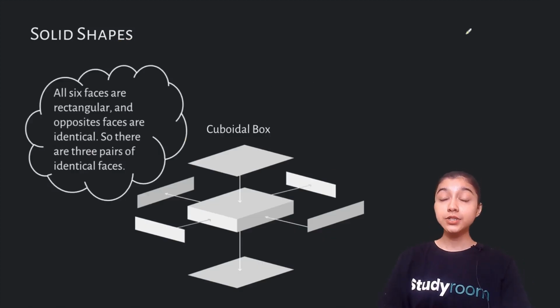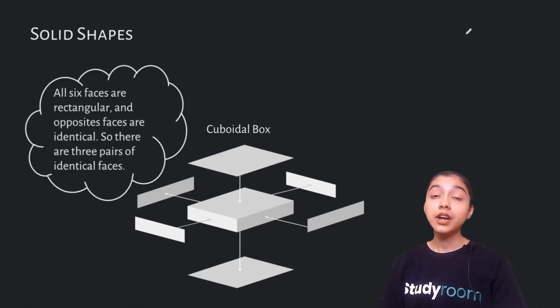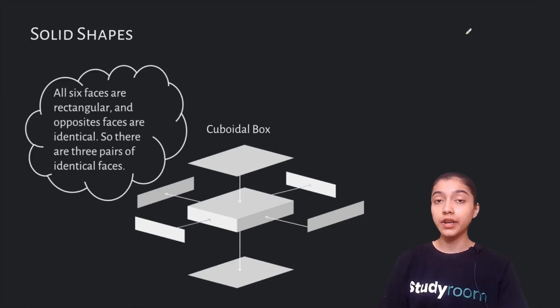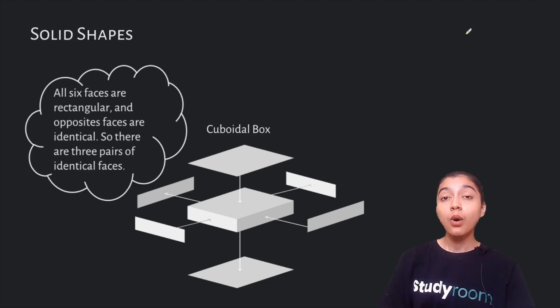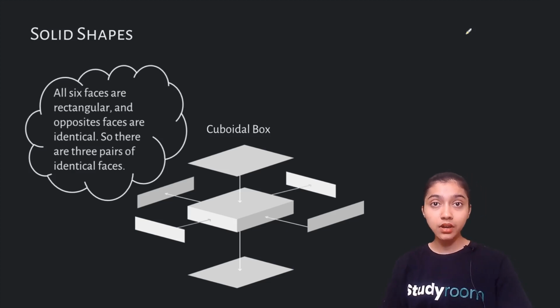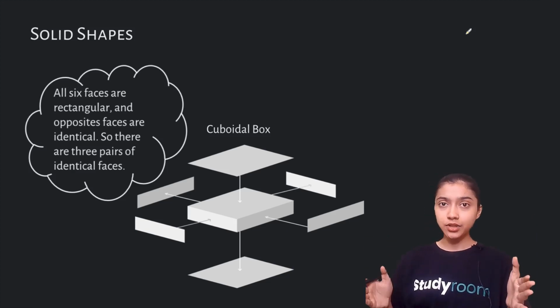The first solid shape that we have over here is a cuboid. So in a cuboid, there are a total of 6 faces and all these faces are rectangular in shape. The other criterion of a cuboid is that the opposite faces will be identical to each other. You take a rectangular box and then observe.